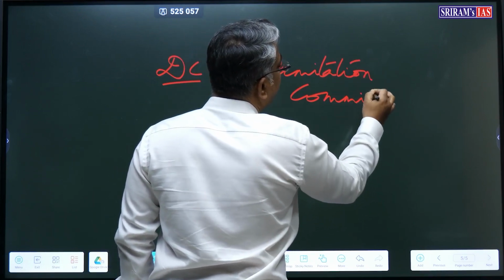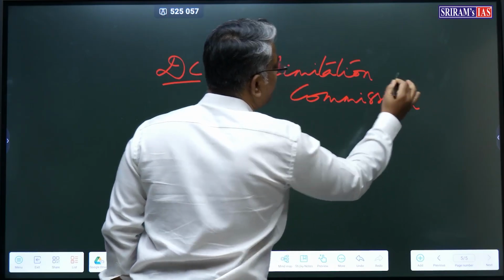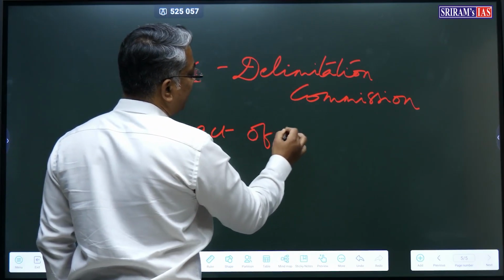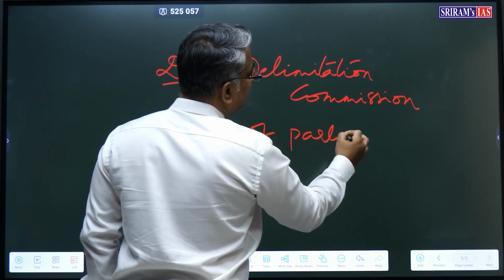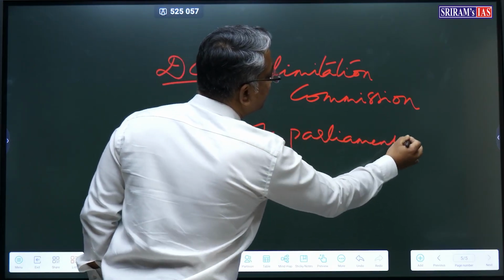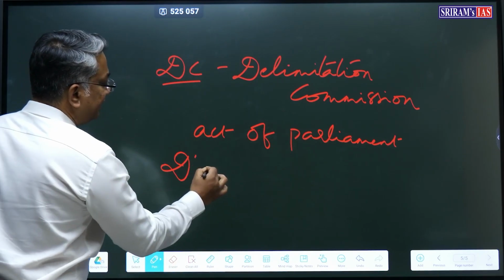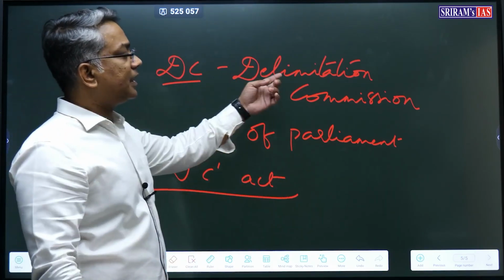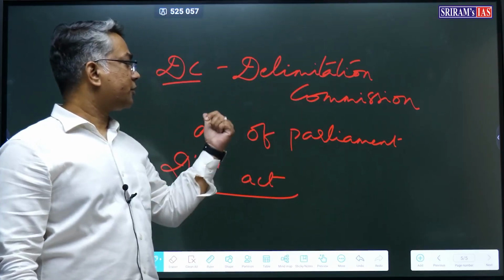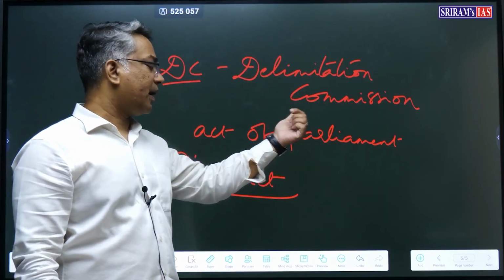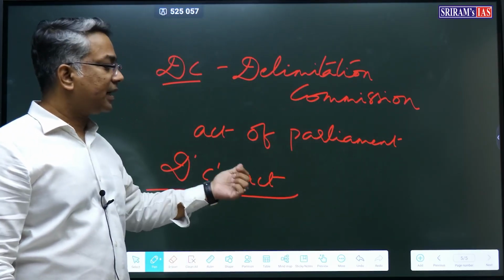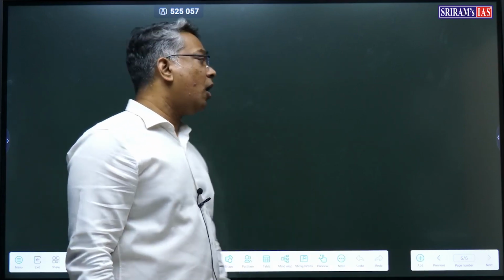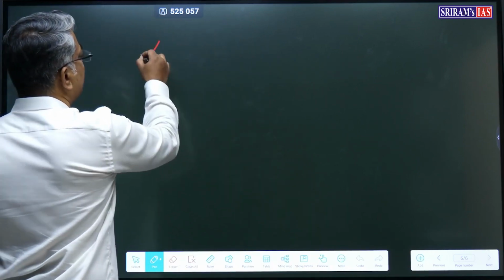The Delimitation Commission is constituted on the basis of an Act of Parliament, that is the Delimitation Commission Act. Okay, so far how many delimitation commissions have been established?